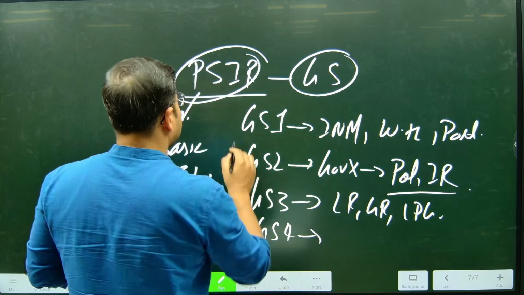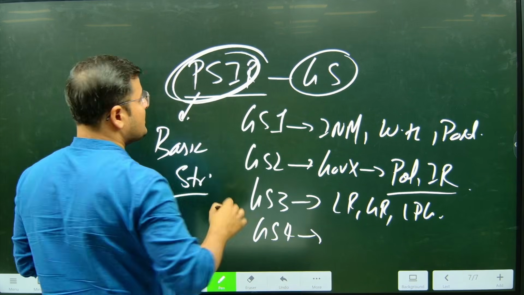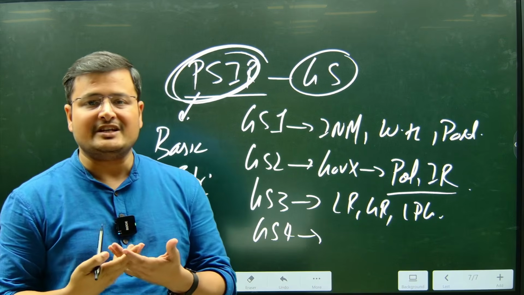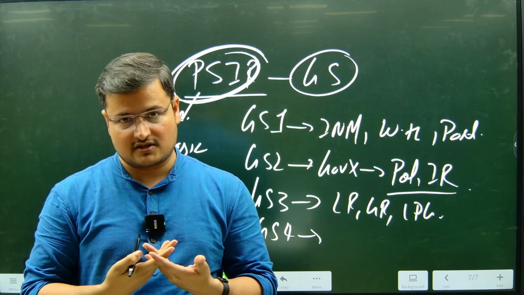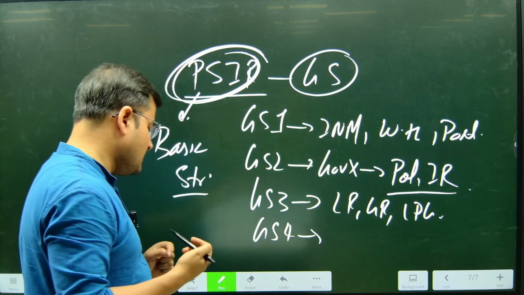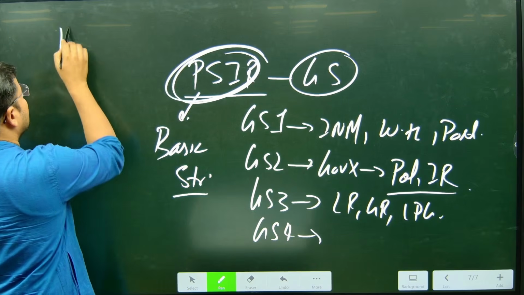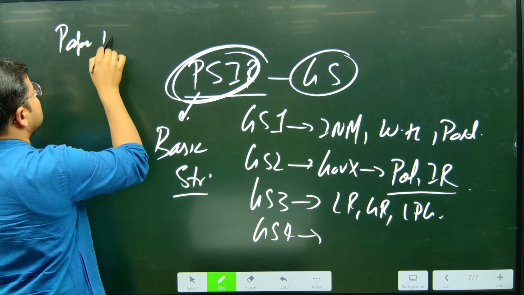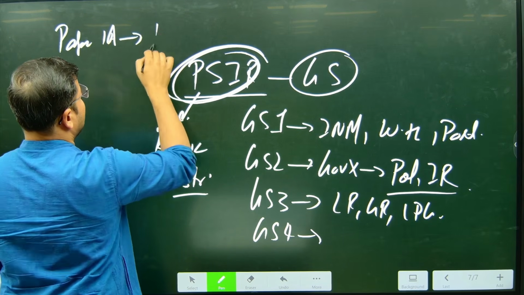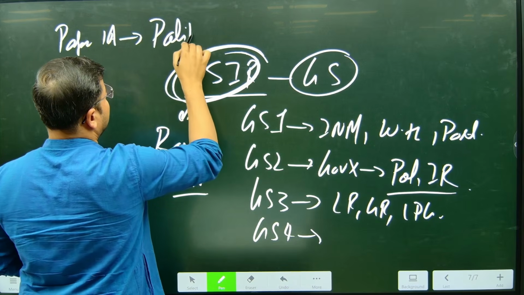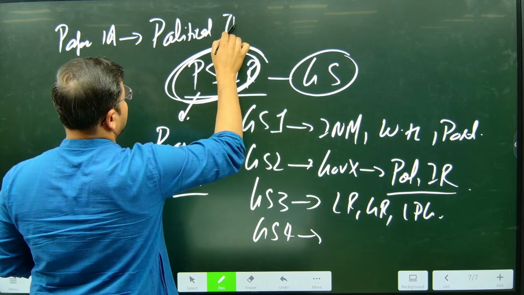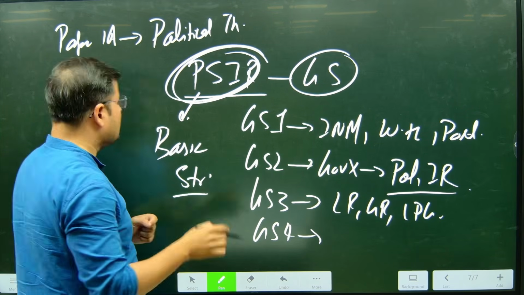Moreover, there are some topics in PSIR which are also integrated across sections. For example, in Paper 1 Section A, the first topic is political theory, meaning and approaches.